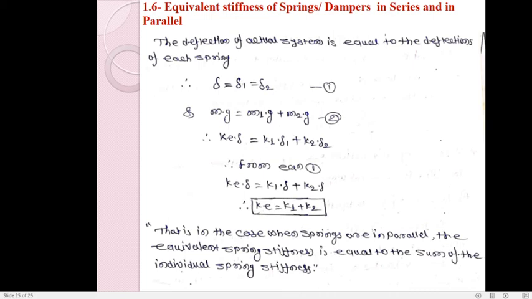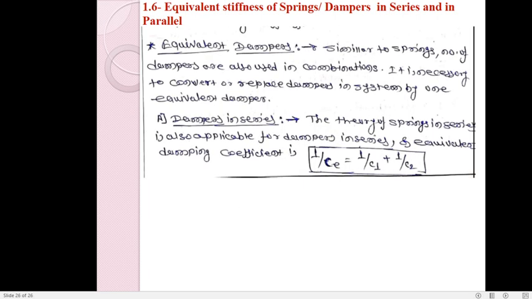When these dampers are connected in series or in parallel, we have to find their equivalent damping coefficient, and we can use similar theories. So here we have equivalent dampers. Similar to springs, a number of dampers are also used in combinations. It is necessary to replace the dampers in a system by one equivalent damper.